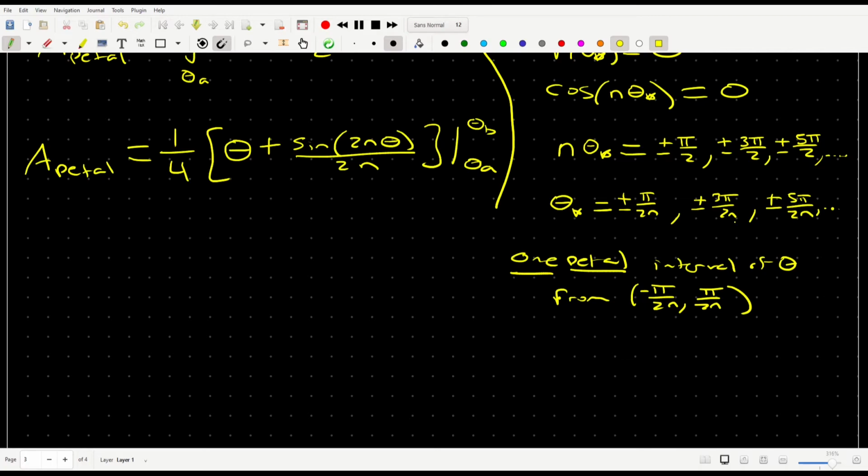And so what that means is that a petal, one petal to be exact, is between, say, negative pi over 2n and positive pi over 2n. So pi over 2n is a valid endpoint, or theta b, for our petal, and negative pi over 2n is a valid beginning angle for our petal, theta a.